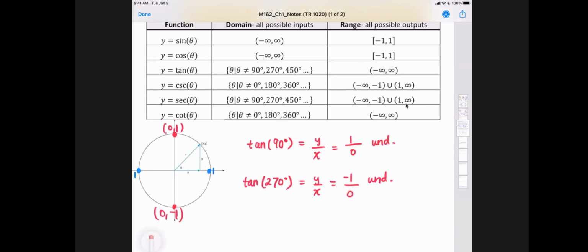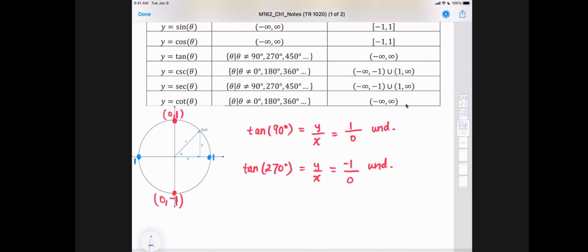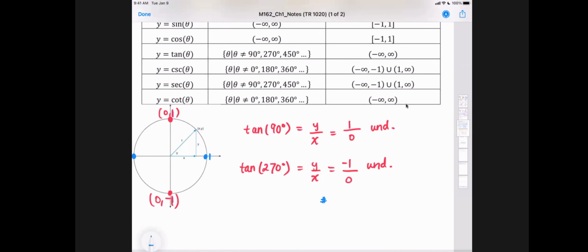And that makes sense because let's say you're at an angle where your denominator x is very close to 0, so your output is a number and then you divide it by something very, very close to 0. That's a huge number, almost infinity, right? So that's where those come from.